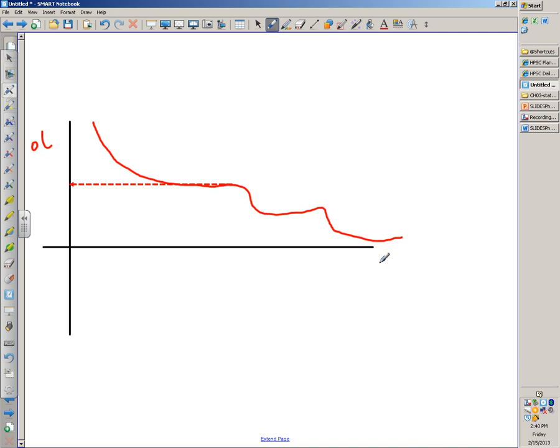Okay? But when did these flat parts happen here? When we did what? Added more cold water. When we put it in the cold water, and then when we put it in the ice. What's happening at those second and third flat parts of your graph? It's not going anywhere. Why not? Because it's colder.